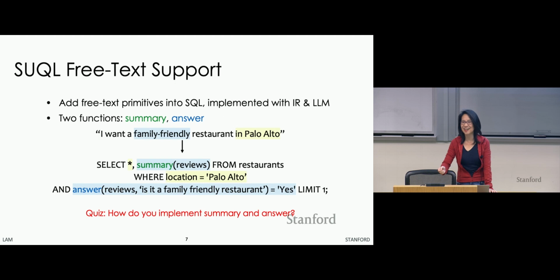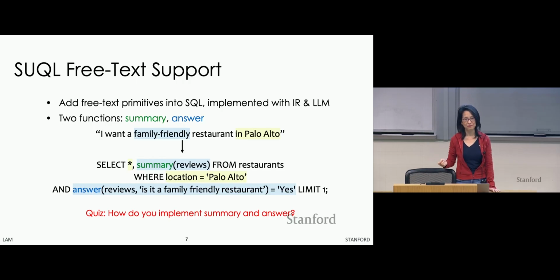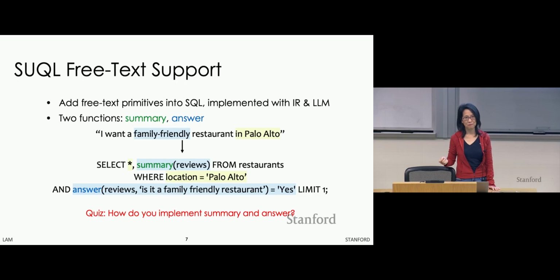Okay, maybe not. We are going to call the LLM with text to summarize. And what text is it in this case? It's what gets returned in that star with the limit 1, so just any family-friendly restaurant.